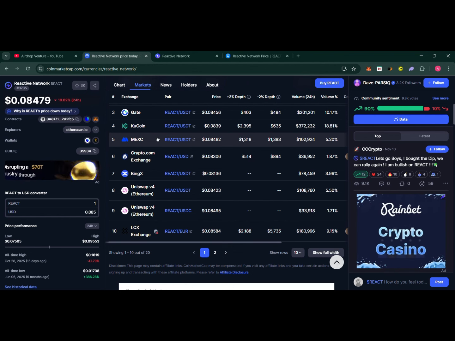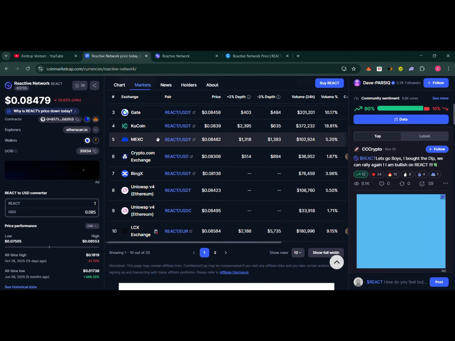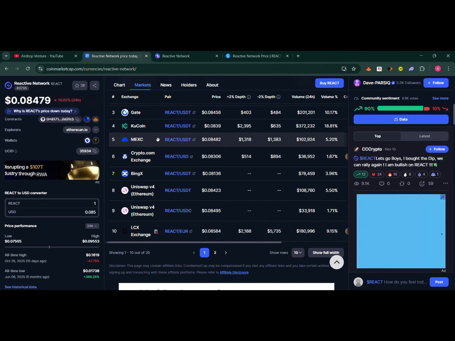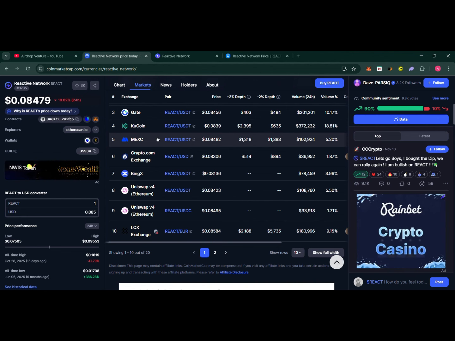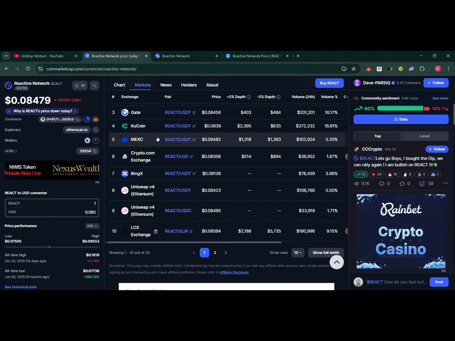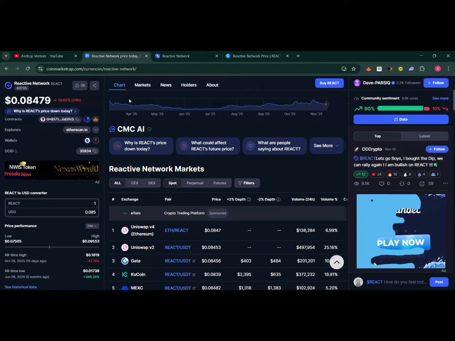And if you have a token listed on just one or two exchanges, and those exchanges are down, it means that you would most likely not be able to trade your token. So Reactive Network provides you with the ease of access to trade on multiple exchanges. That is quite positive.